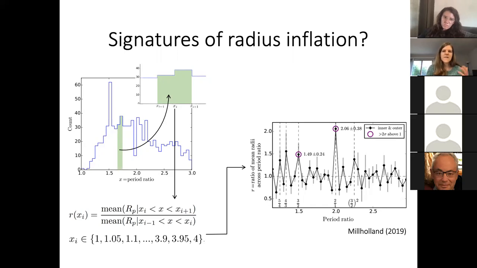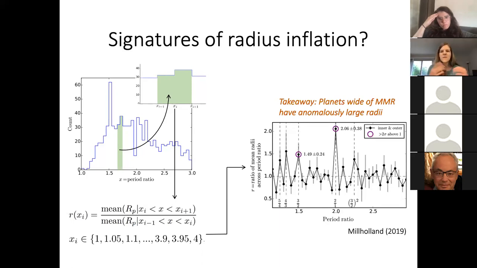So we can see that the only places that this happens are at the 3:2 and 2:1 mean motion resonances, although we also see a little bit of enhancement near these other first order resonances as well. So the takeaway here is at least an intriguing observation that these planets wide of mean motion resonances seem to have anomalously large radii.